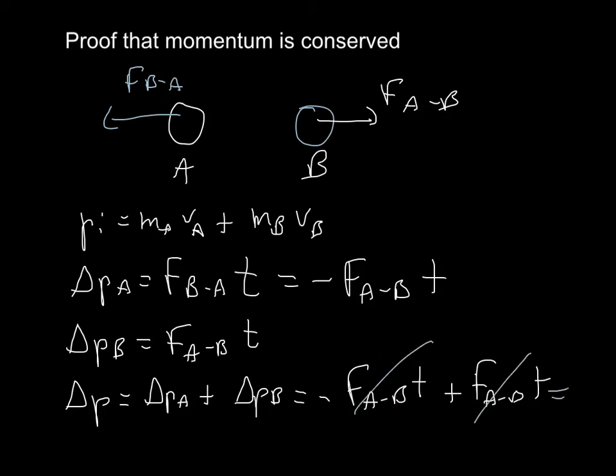So that's equal to 0. That is, the total increment in momentum for these two balls is 0 because of Newton's third law, that this force has to be equal to this force. So again, momentum conservation is not a fundamental law. It is derived from Newton's third law.